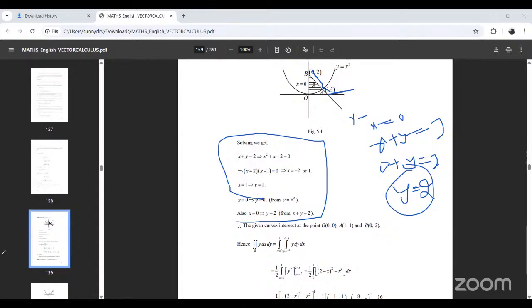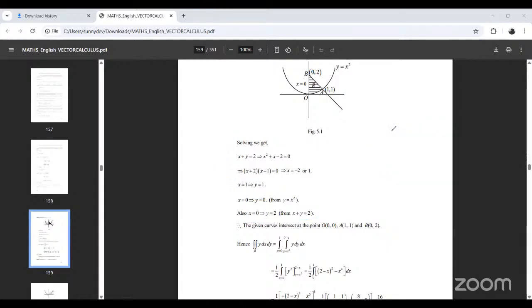Now come to the y limits. They are already giving y equal to x square and x plus y equal to 2.